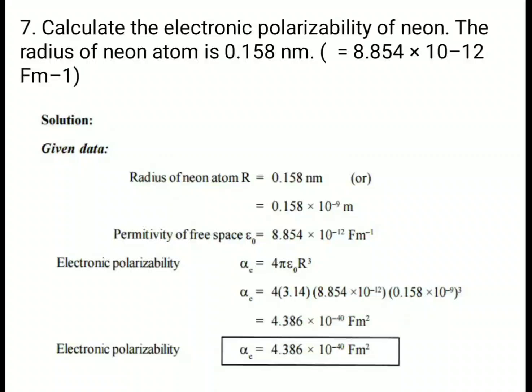Now 4 into pi value 3.14, epsilon naught value 8.854 × 10^-12, and radius that is 0.158 × 10^-9 whole cube. Now the final value of electronic polarizability is 4.386 × 10^-40 farad meter square. This is the final answer of electronic polarizability.